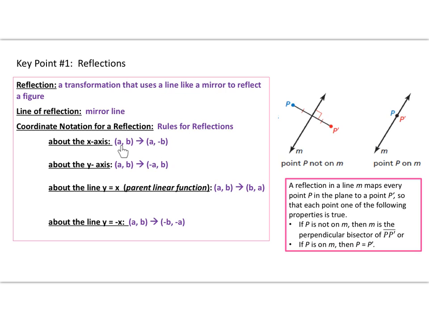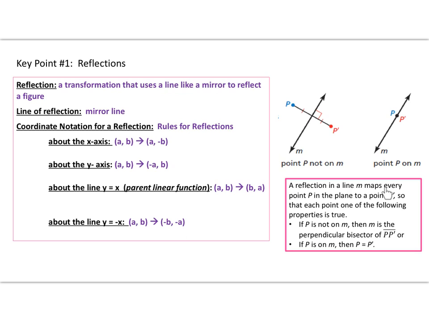X stays the same, in other words, a stays the same. If I reflect across the y-axis, my points become opposite for the first value, so the a value is opposite, but the b value stays the same. About the line y equals x, also known as the parent linear function, I switch my values. About the line y equals negative x, I will switch and take the opposite for both.